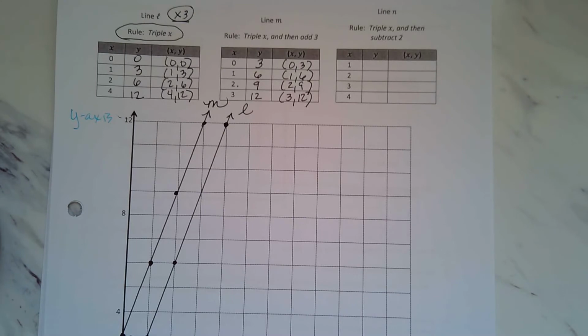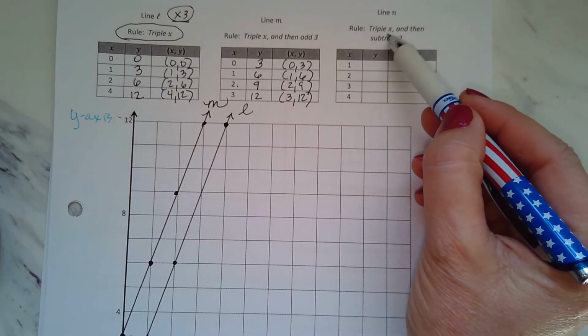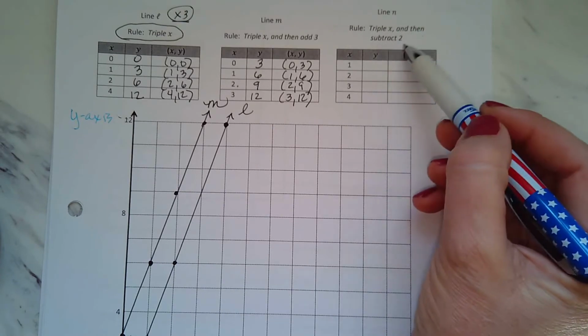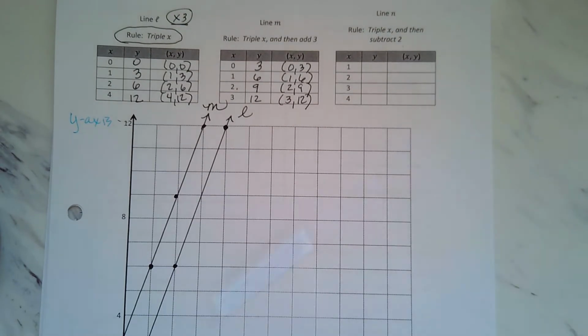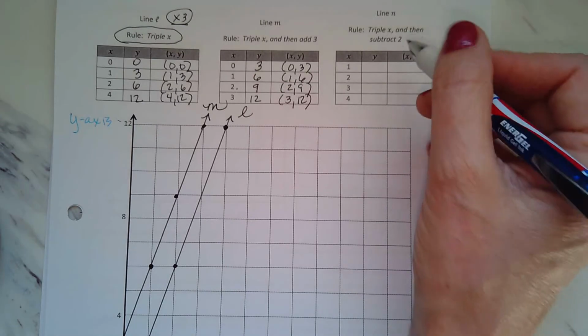All right. Now let's look at another mixed operation rule. Triple x and then subtract 2. So before we added 3, now we're going to subtract 2. Show me the coordinate pair for the rule when x is 1.